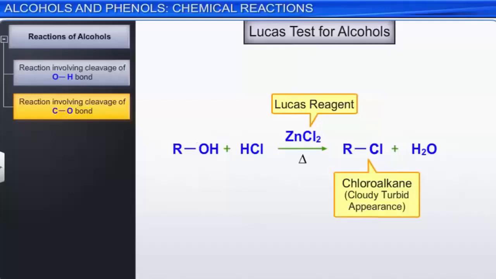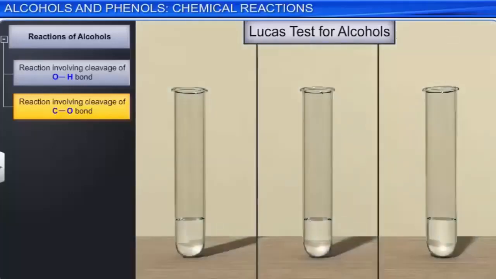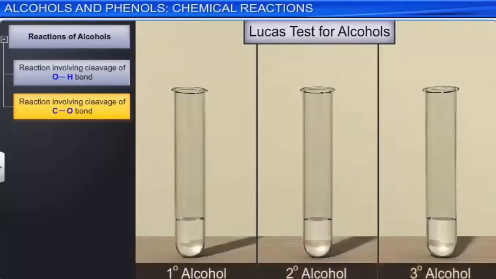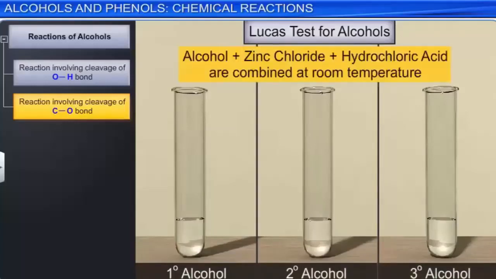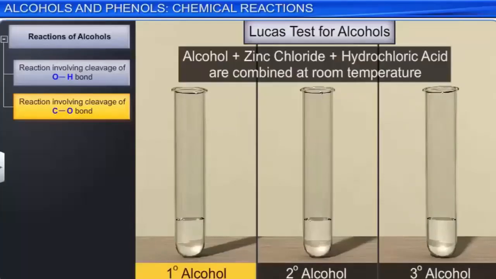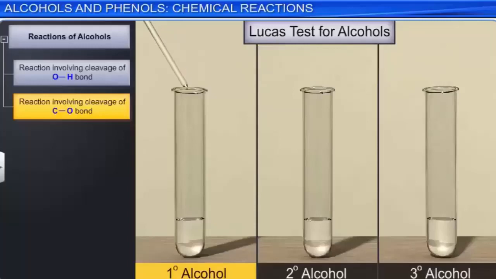The Lucas test is used to differentiate between primary, secondary, and tertiary alcohols. An alcohol, zinc chloride, and hydrochloric acid are combined at room temperature. A primary alcohol leads to no visible change in the mixture.